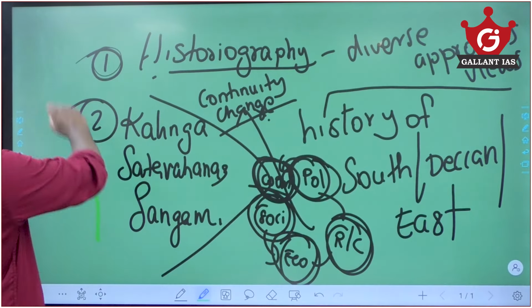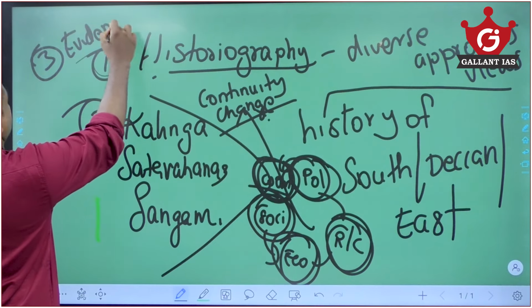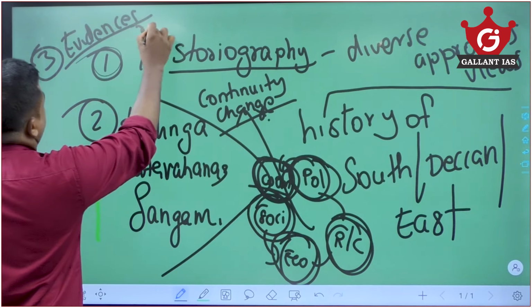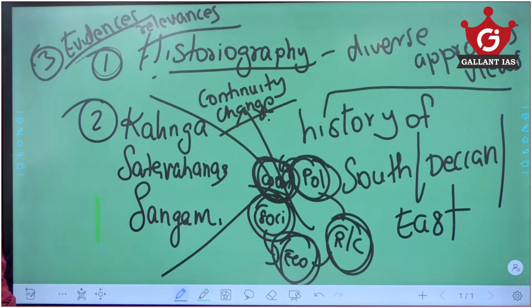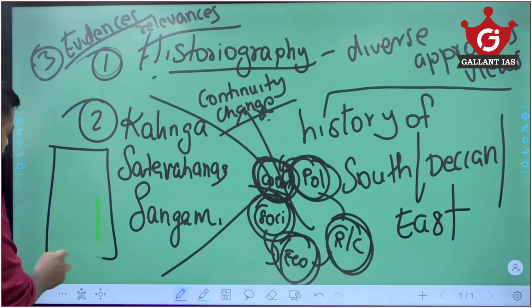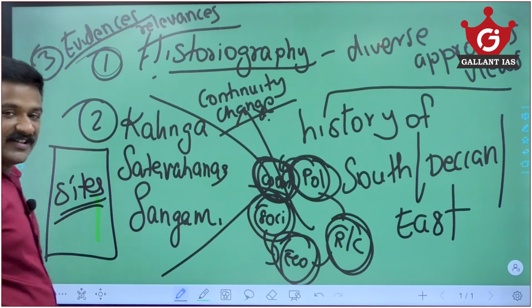Fine. Another important thing you have to cover is various evidences here. Evidences and their relevance. Then from the map point of view, you just focus on the very popular sites.